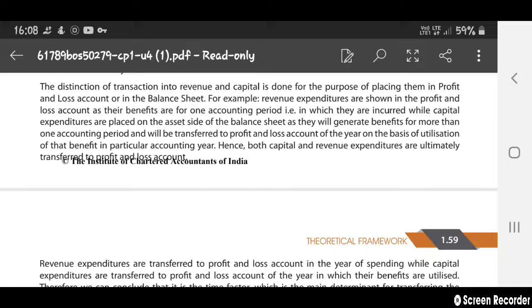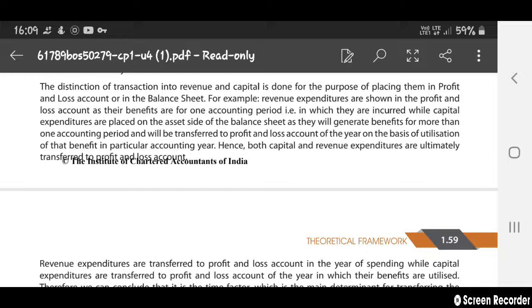The capital expenditure will be transferred to the profit and loss account of the year on the basis of the utilization of that benefit in a particular accounting year.